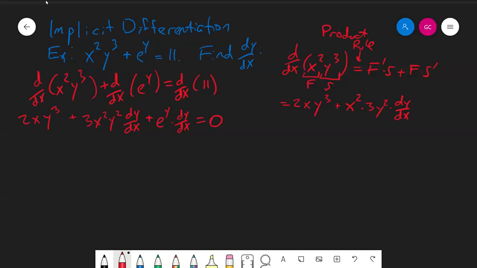Well, I have two terms that have dy dx in it, so we'll just subtract this term from both sides. So we'll have 3x squared y squared dy dx plus e to the y dy dx is equal to negative 2xy cubed. And then you want to factor dy dx out of the left-hand side.